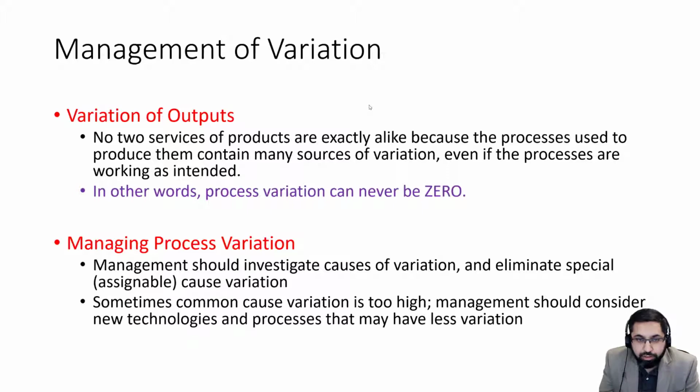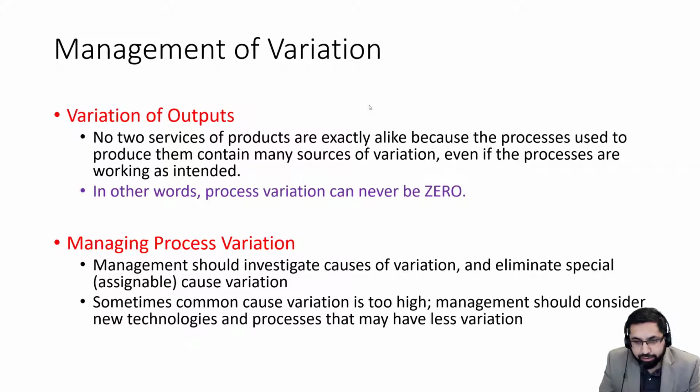Usually, no two products produced are exactly alike. They may look alike, but at a very fine scale, there will be slight differences, because processes used to produce them contain many sources of variation, even if the processes are working as intended.